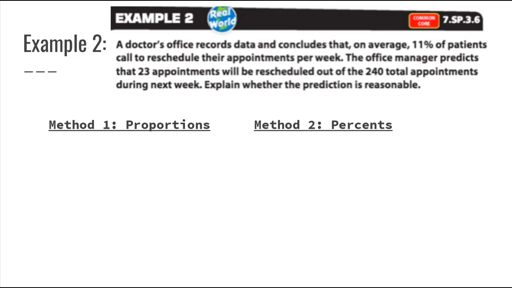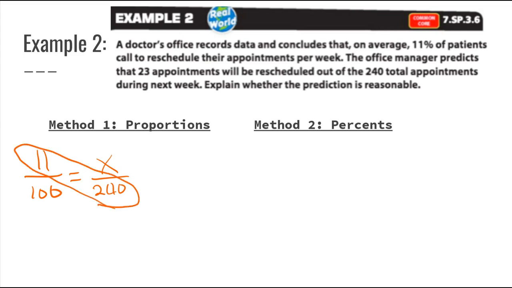So for proportions, we know that 11% called to reschedule their appointments. And 11% as a fraction is 11 out of 100. We want to figure out how many will reschedule out of 240. So we're looking for our missing number here. I'll put an X. We cross multiply. We do 240 times 11, and then we divide by our extra number. We divide by 100.